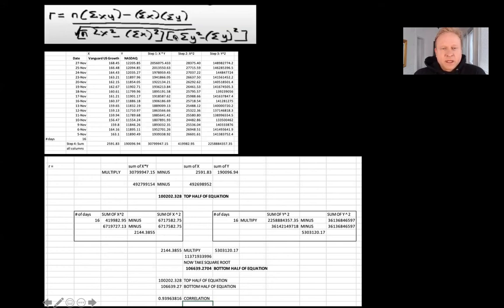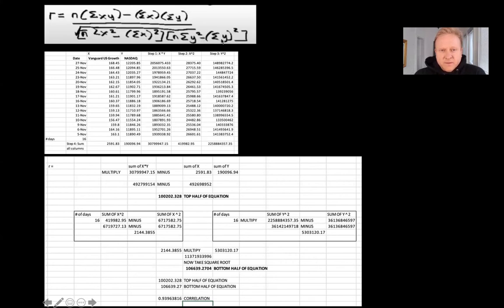And then we're going to be doing n times the sum of y squared minus the sum of y, squared. So there's the n, the 16. Multiply by the sum of y squared, okay, which is this number here, the sum of the column right here. Pull it over. Here's the minus.